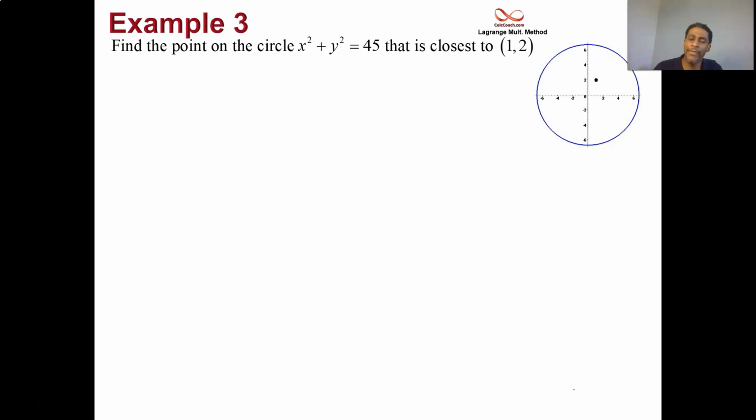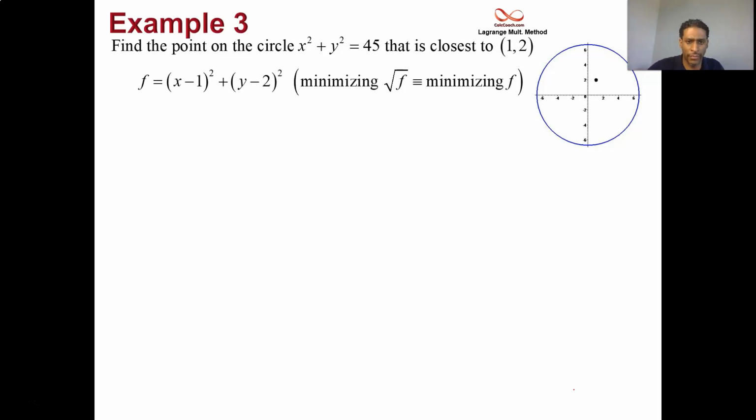So instead, the square root function is monotonic. When you put something larger in, you'll get something larger out. And so instead of minimizing the distance, we can minimize what's underneath the square root and thereby still minimize the distance.